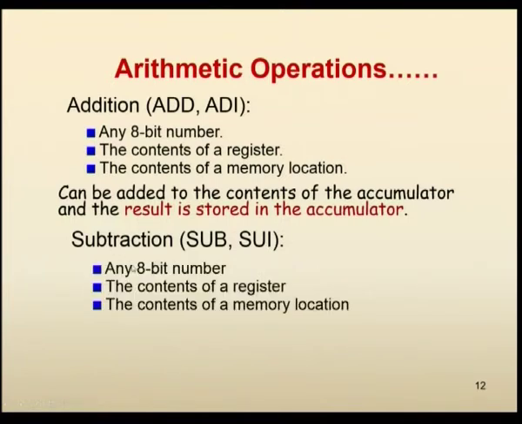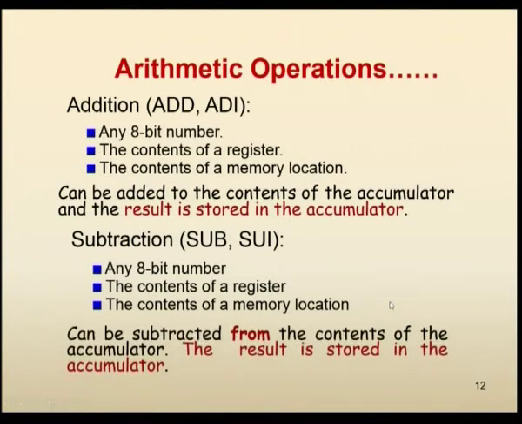After the opcode, any immediate 8-bit number following the opcode can be subtracted, or the contents of a register or the contents of a memory location. When you subtract two numbers, one number has to be in the accumulator, and again the result will be stored in the accumulator only.